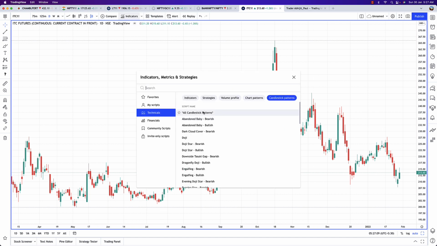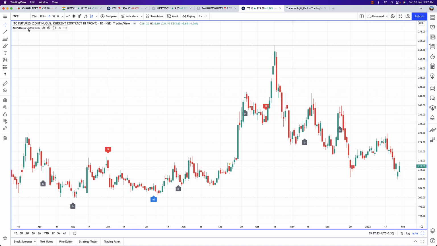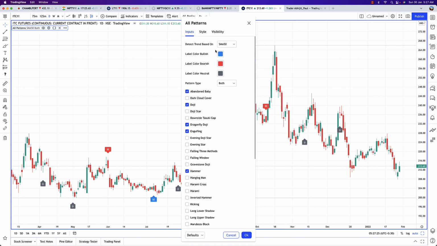I've never actually clicked on all candlestick patterns. Now, as I create this video for you, I feel this urge to see how it looks. So when I click on all, the good thing is over here, detect trend based on.